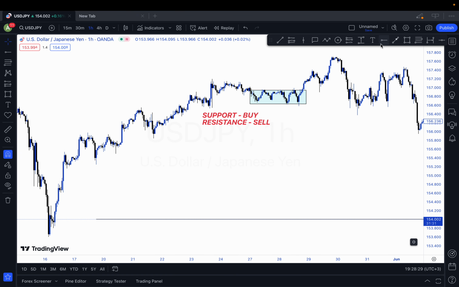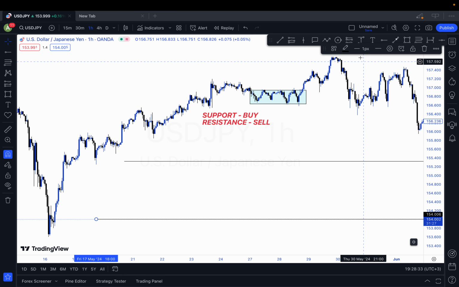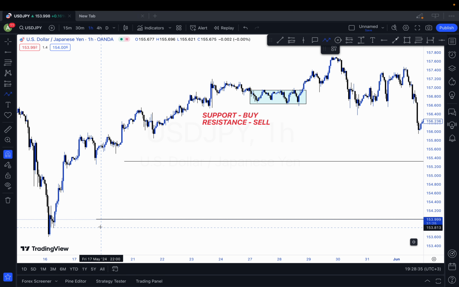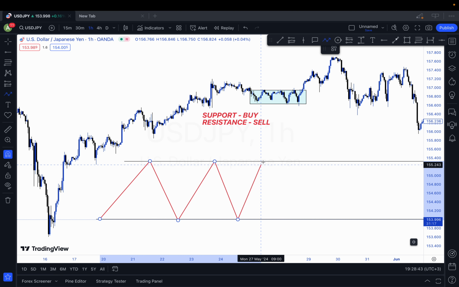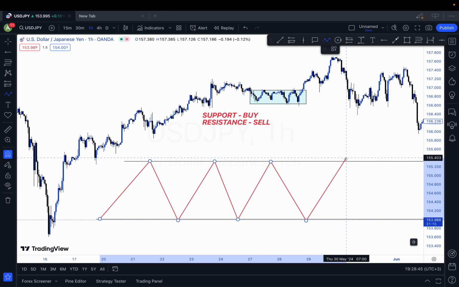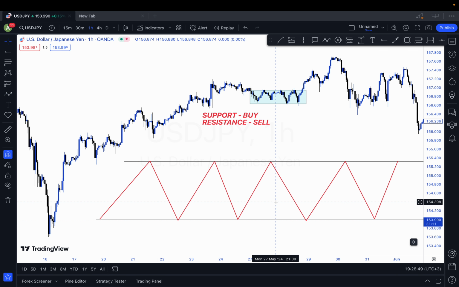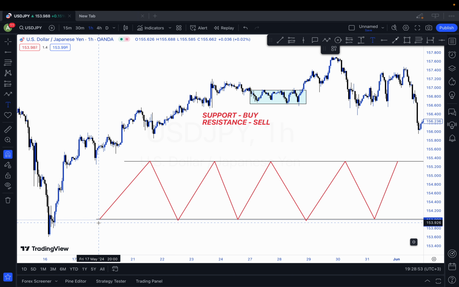Now let's check this example out. As we know, these are what? These are support. So when the market comes back here, we want to do what? Sell. From here, we do what? We buy. We sell, we buy, we sell, we buy. We've done this a lot of times, even at the early stage, and we still made our money. Though there are going to be some changes later on, don't panic about that yet.